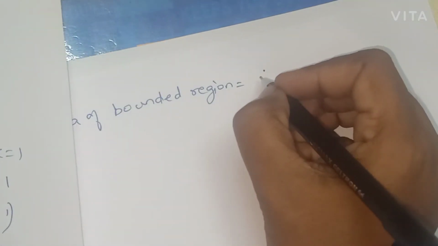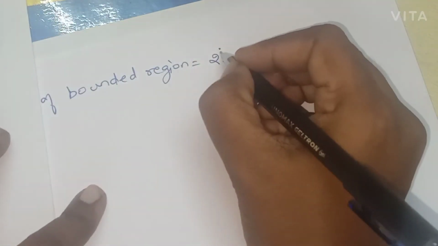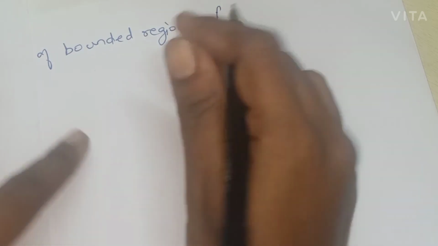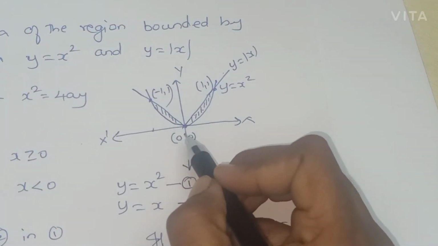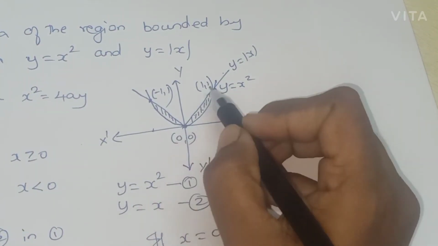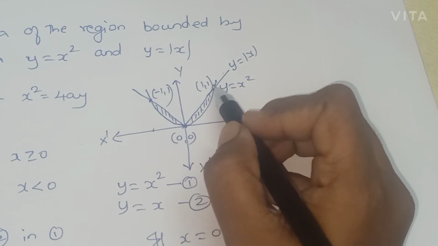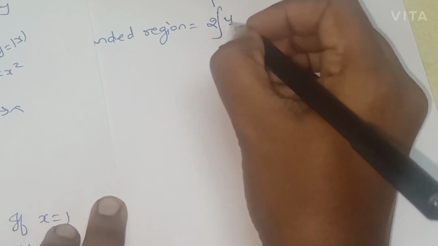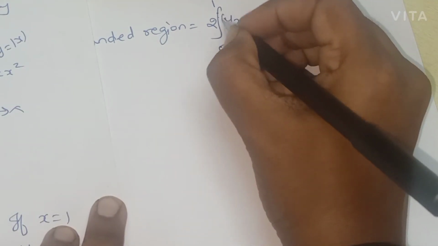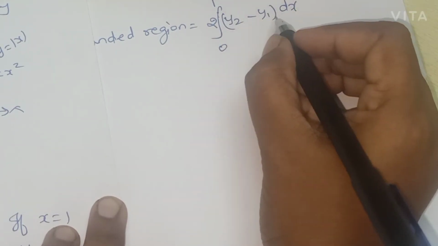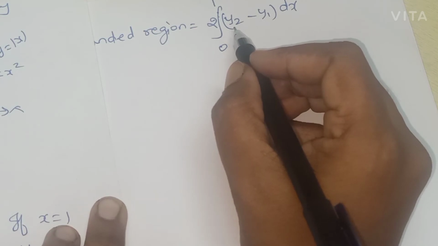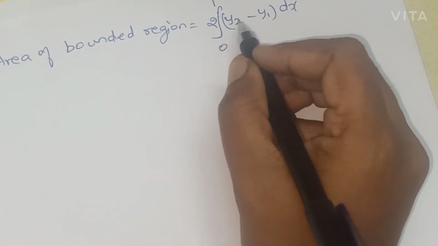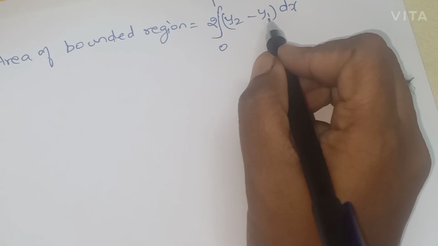So 2 times the integral, and the limit is 0 to 1, of y2 minus y1 into dx, where y2 is the line and y1 is the parabola.